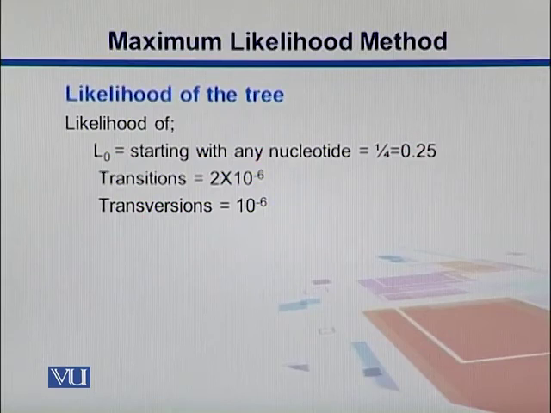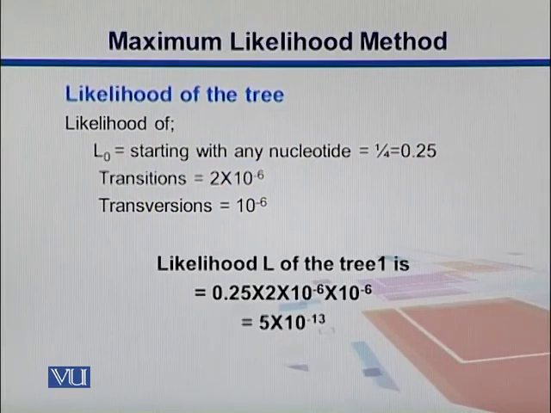Using these numbers, we can calculate the likelihoods of any tree, tree 1 up to tree 64, and either we take their logs and add them, or we simply multiply them. In that way we can come up with the overall likelihood of the whole tree.